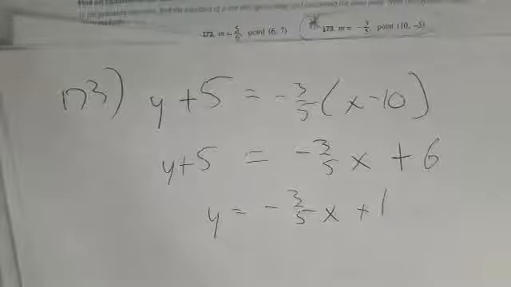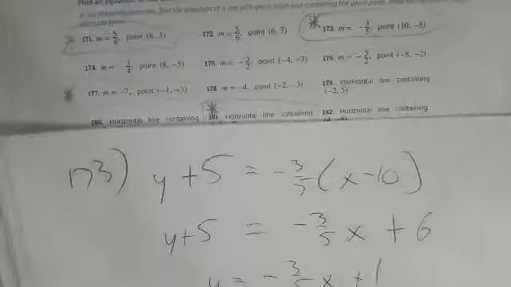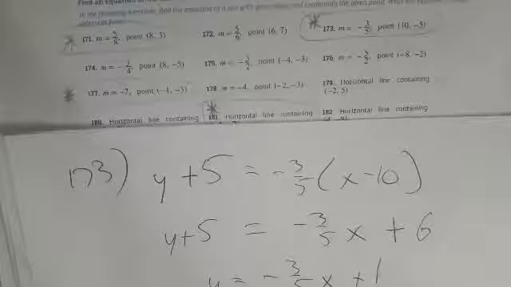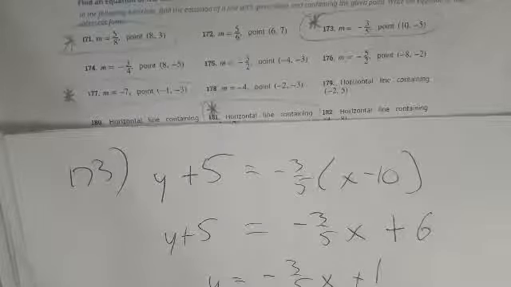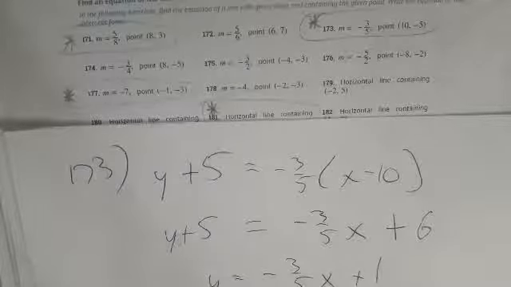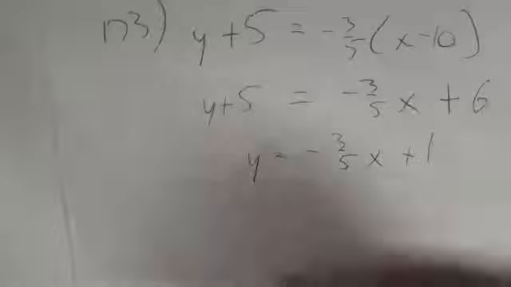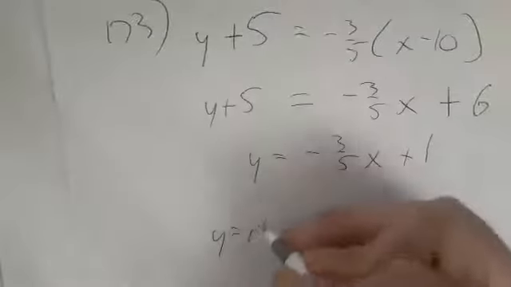I think the next one is the same approach, right? 177. My slope is a -7. Point is -1, 3. I know there is another way to work these problems. So if you do work them in a different way, that's fine, as long as you're doing valid math.